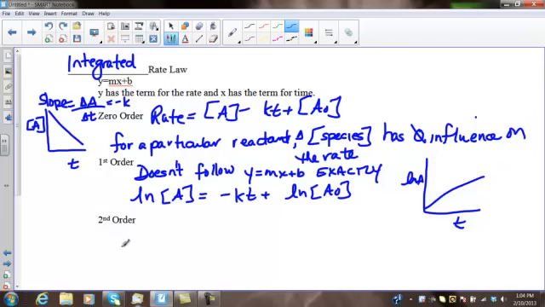And in a second order reaction, 1 over the concentration of A is equal to KT plus 1 over A initial.